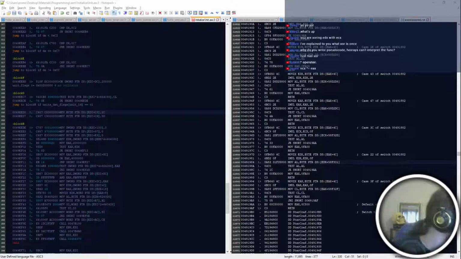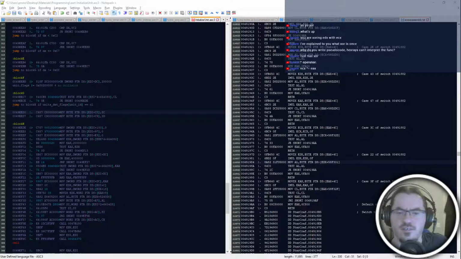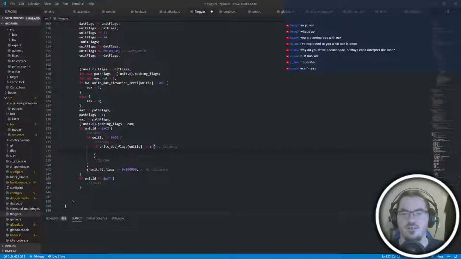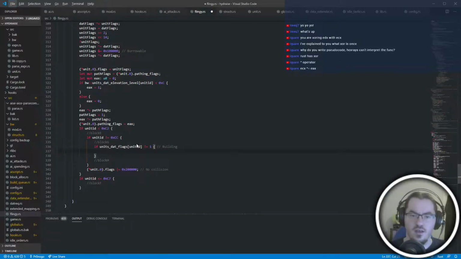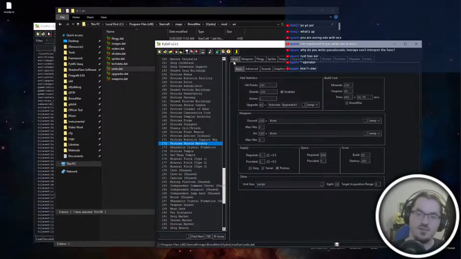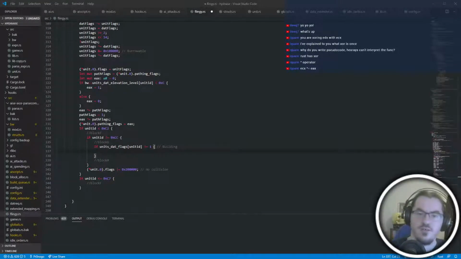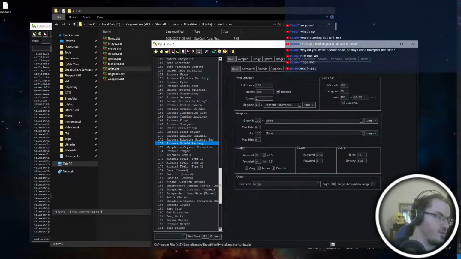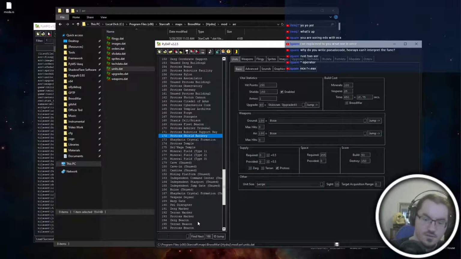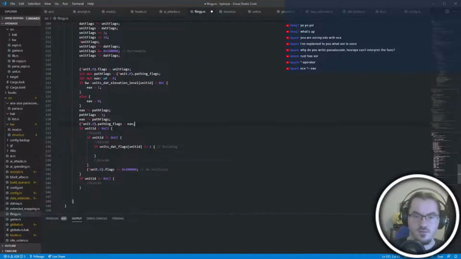C8. In hanger count. Wait, hold on. I gotta pull up unit stat here. So we have C2 is 194. Beacon.